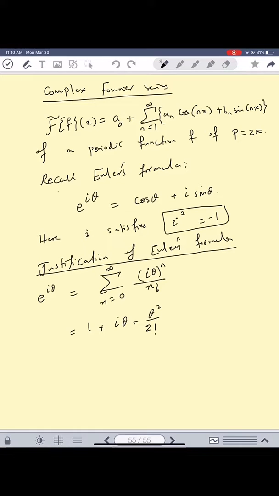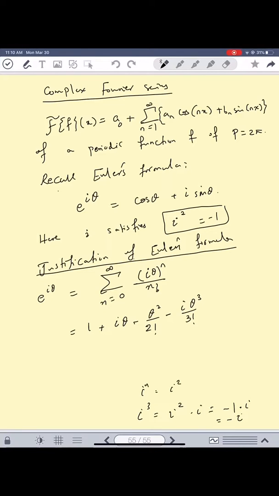When n is 3, you get i cubed. Now what is i cubed? It's i squared times i, but i squared is -1, so this is -1 times i, so that's -i. So i cubed is -i. That means you're getting -i theta cubed over 3 factorial. Then plus i to the 4. What's i to the 4?